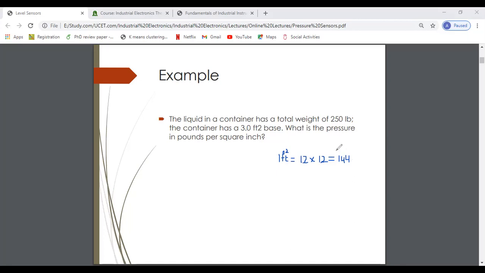We have to find out the pressure in psi, so the value of pressure P will be equal to 250 divided by 3 cross 144.